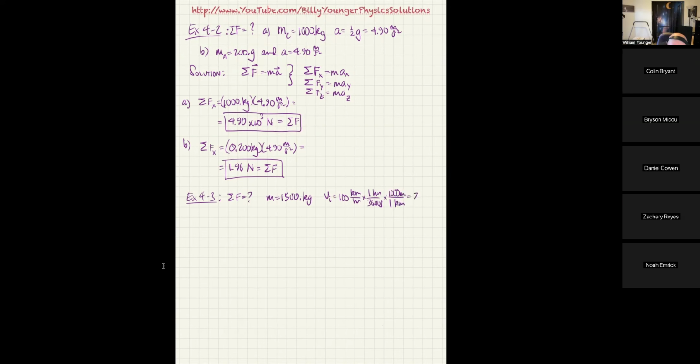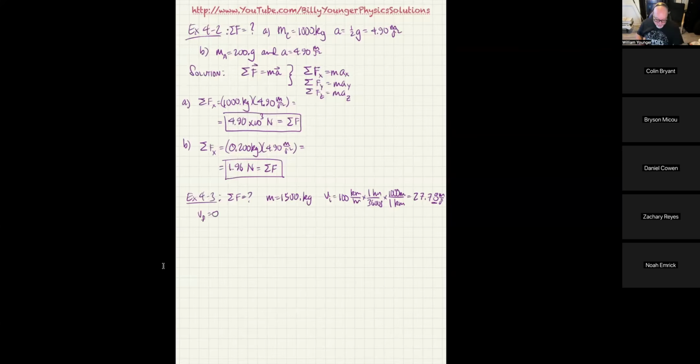So this is going to be 27.78 meters per second. And that gave me it to three sig figs, and I'm carrying one extra digit. Basically, converting kilometers per hour to meters per second is just dividing by 3.6. So we got that. We also have the final velocity is zero.